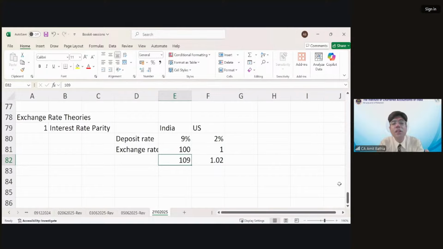INR is going to depreciate, right? That is the principle which is laid out under interest rate parity. A similar concept is also laid out in the second method, which is the inflation parity principle. Am I right? Which is also known as purchasing power parity.